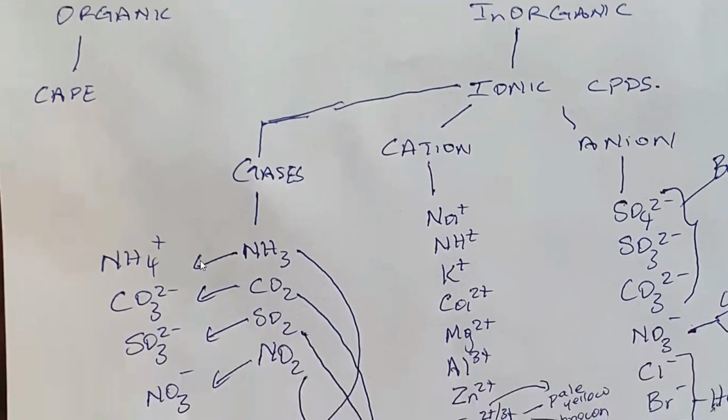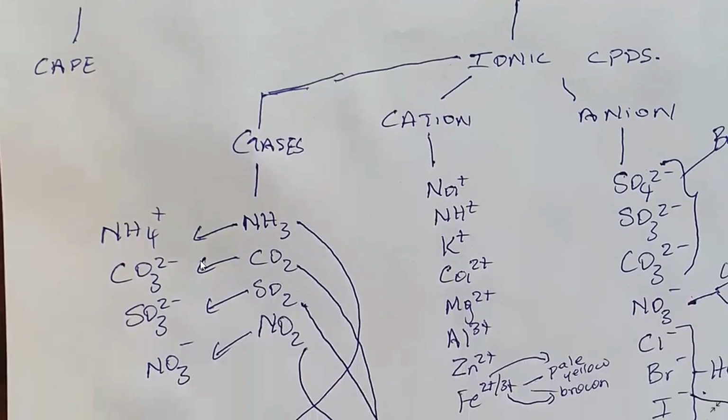So let's look at the gases first. The gases that you're being asked to identify are ammonia, carbon dioxide, sulfur dioxide, and nitrogen dioxide. I placed these arrows here just to show you where these gases come from, as an indication of the ion that you will get them from. Remember, you're doing qualitative analysis, so you're trying to identify a cation and an anion.